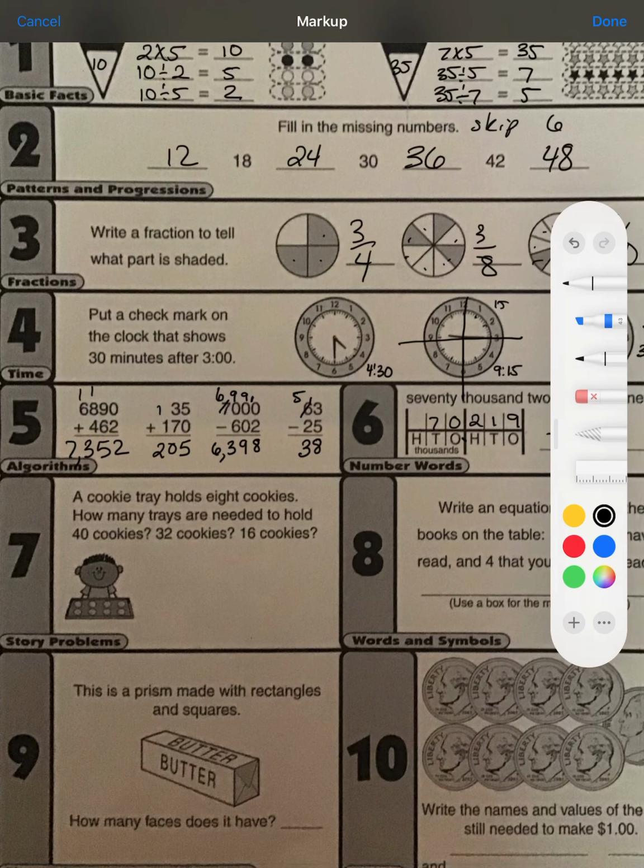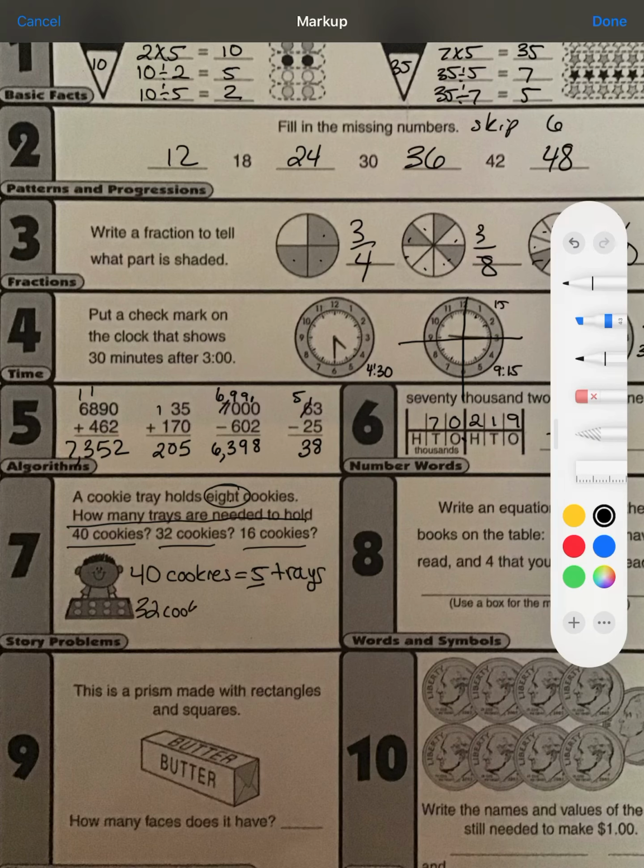Okay, story problems. A cookie tray holds 8 cookies. How many trays are needed to hold 40 cookies, 32 cookies, 16 cookies? So, knowing our basic facts here, 40 cookies will need 5 trays because 5 times 8 equals 40.